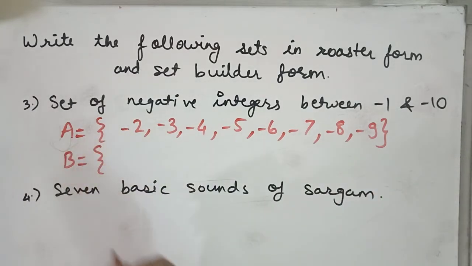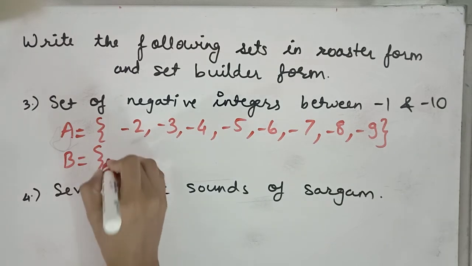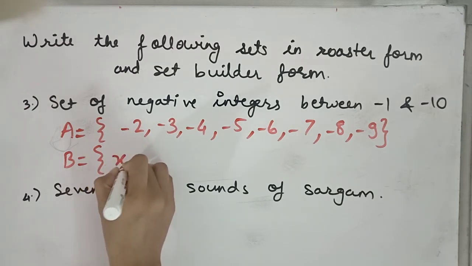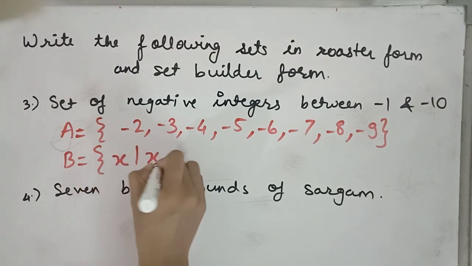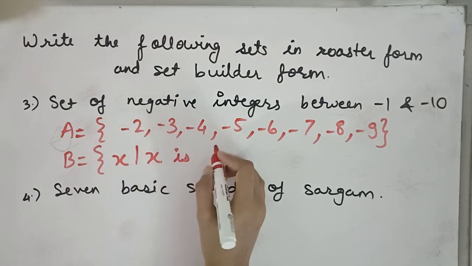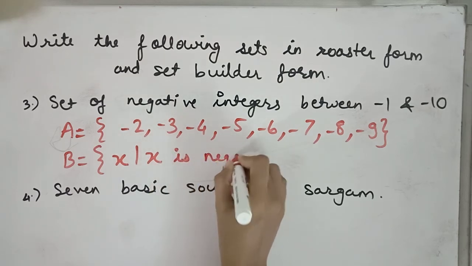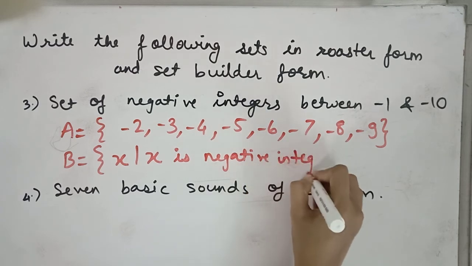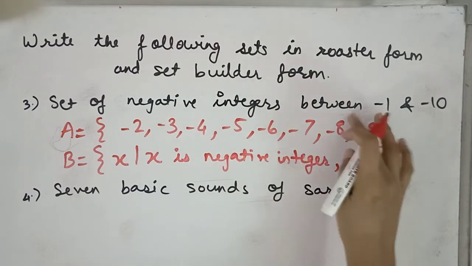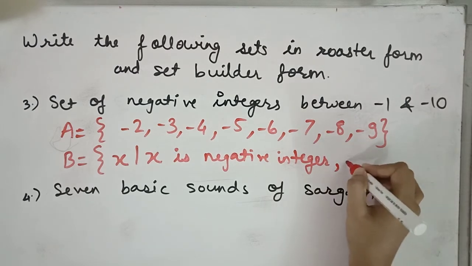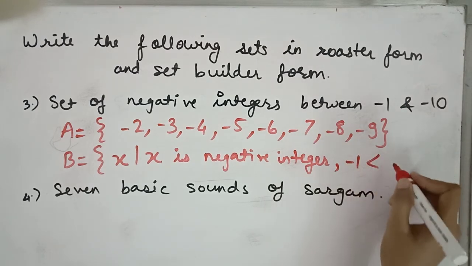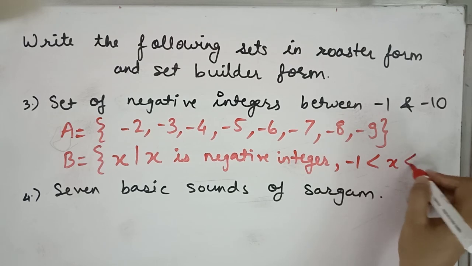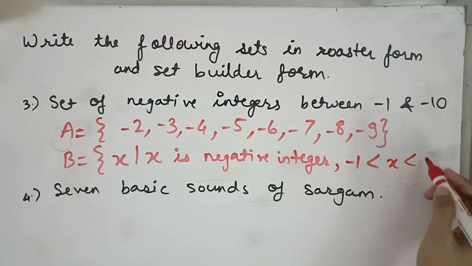We will also represent it in set builder form. That is, we will take the variable x such that x is a negative integer, comma, because a condition is given over here, that is -1 is less than x is less than 10.